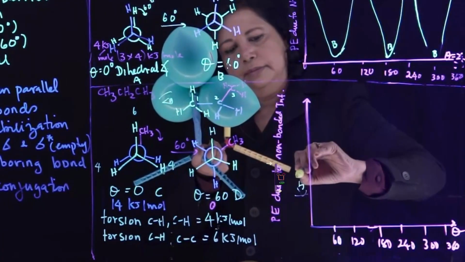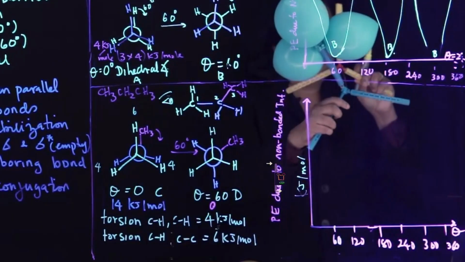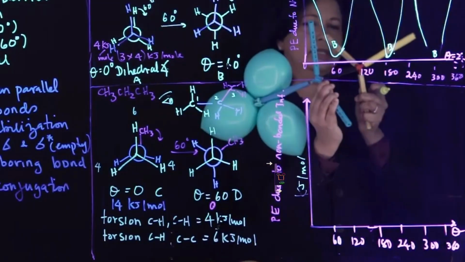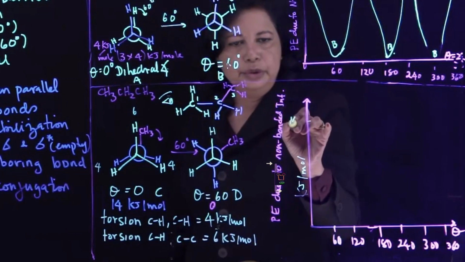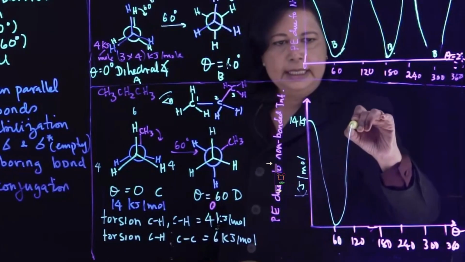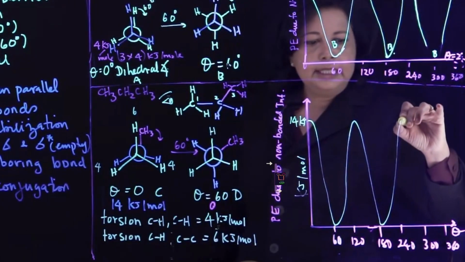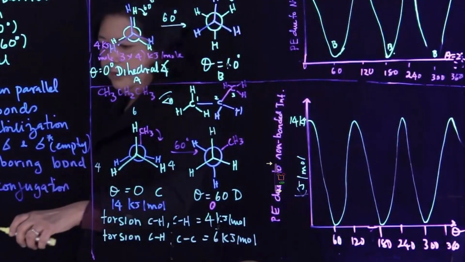And you can see like an undulating movement here, 0, 60, 0, 60, and so on. And so that's what we have. 14 kilojoules, to 0 extra energy, to 14, to 0, to 14, to 0, to 14, and on and on throughout infinity.